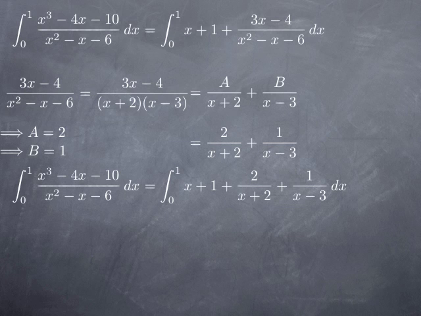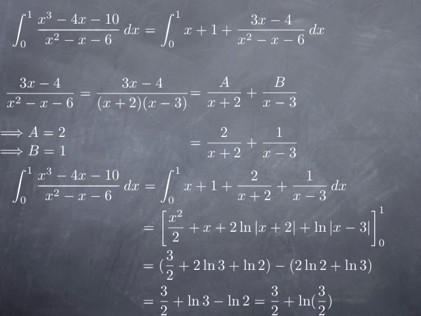Therefore the fundamental theorem of calculus applies, and this integral is the difference of the value at 1 and at 0 of an antiderivative, which we can pick to be x squared over 2 plus x for the antiderivative of x plus 1, plus 2 natural log of absolute value of x plus 2, plus natural log of absolute value of x minus 3.